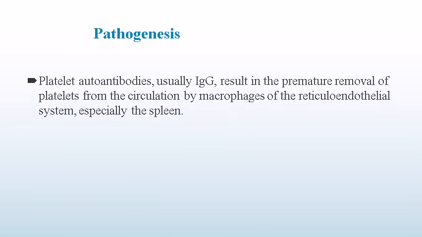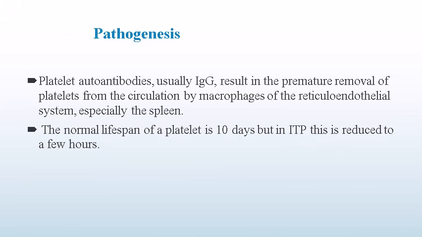Pathogenesis means how the disease is formed, how the disease will happen. As we said, it is an autoimmune disease. We have abnormal autoantibodies, usually IgG. These autoantibodies will bind the platelets, causing these platelets to be phagocytized by reticuloendothelial system phagocytes.